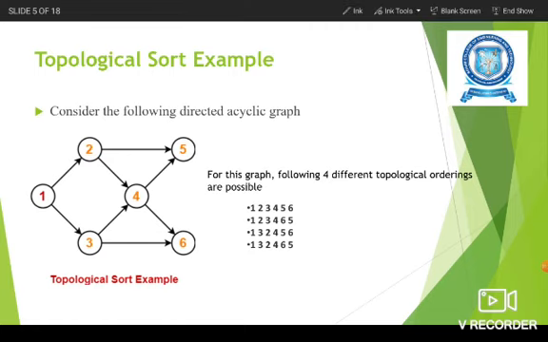We are going to see with one example. Consider this is a given directed acyclic graph. We are writing the topological orderings of this graph. For the given DAG, we have 4 possible topological orderings. Okay, they are listed here.